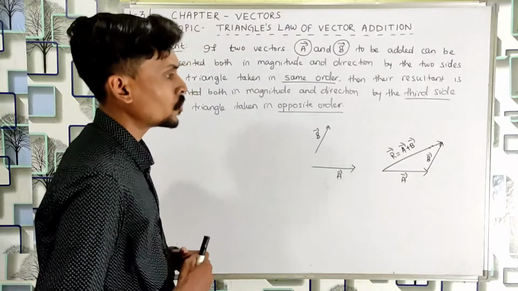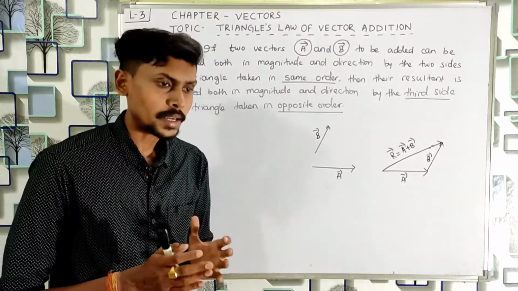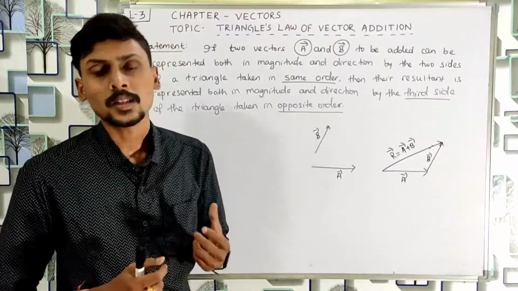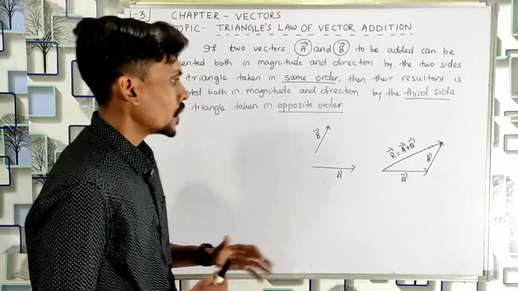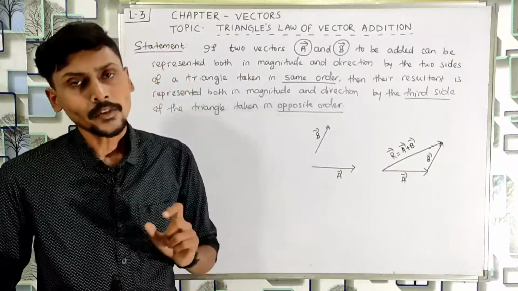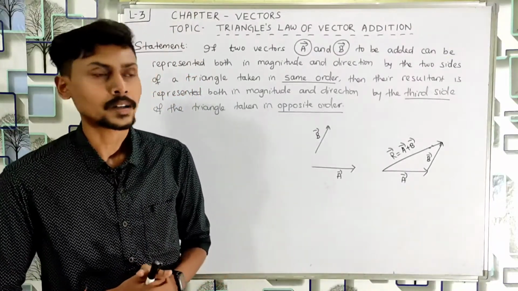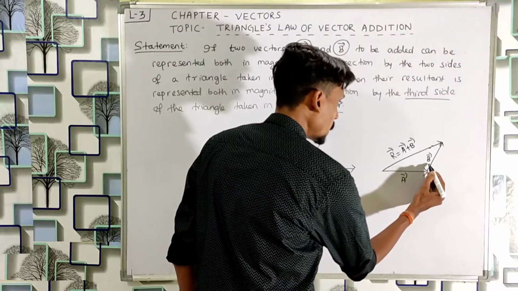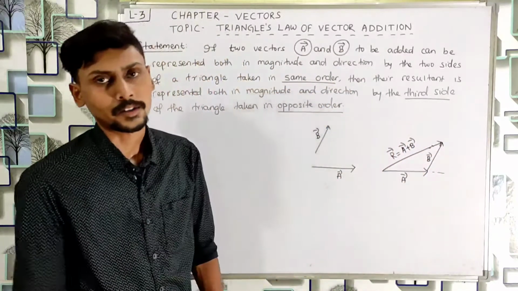Now if I ask you what is the angle between the two vectors, we know that the vectors have different directions, so there must be some angle between the two vectors. Now tell me, if you look at this diagram, whether this is the angle between the two vectors or this one is the angle between the two vectors.